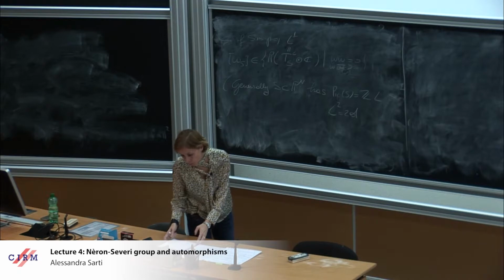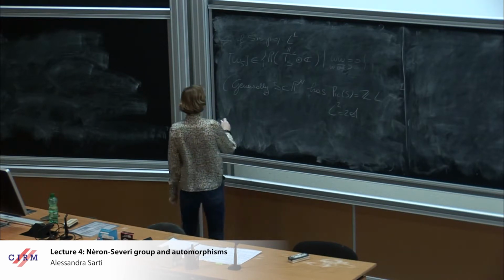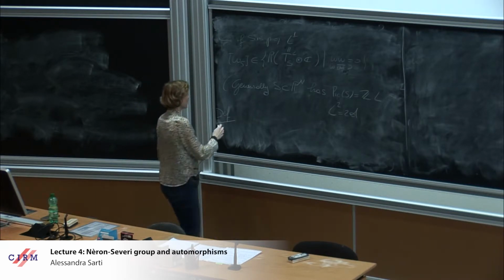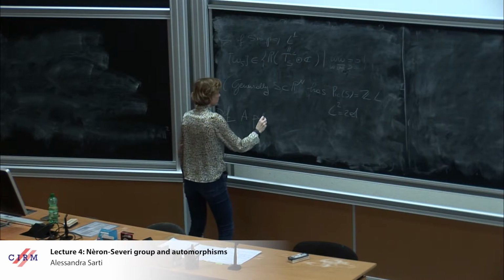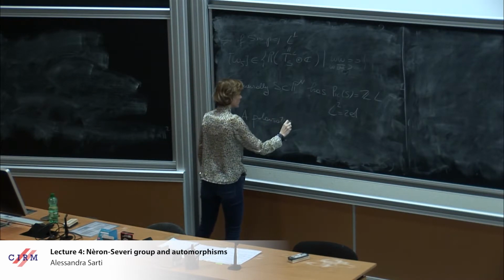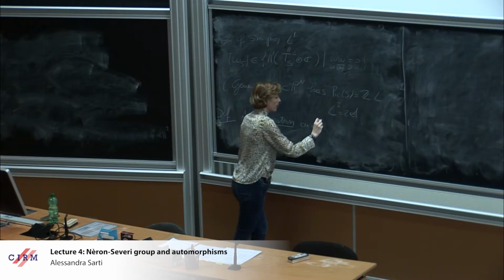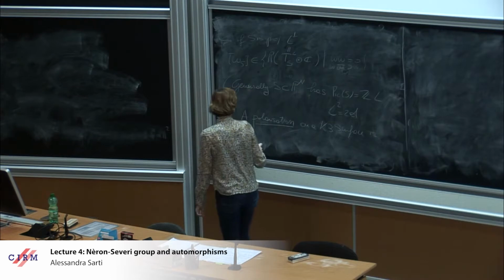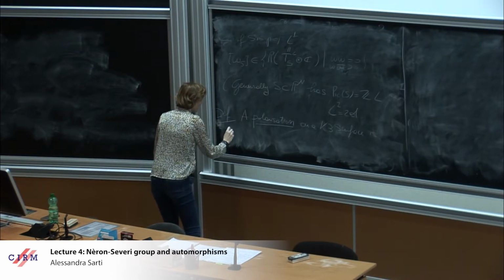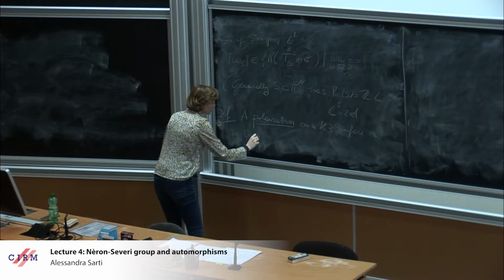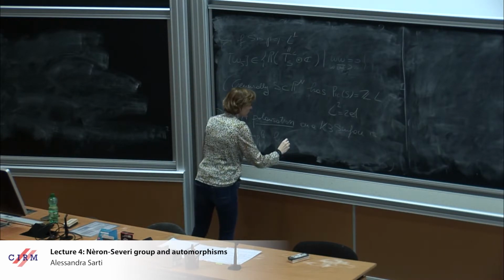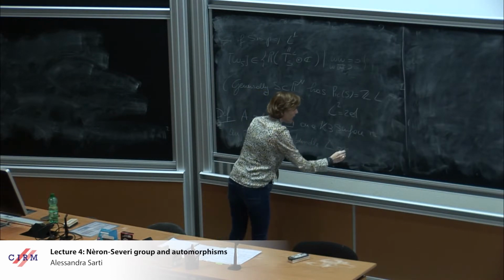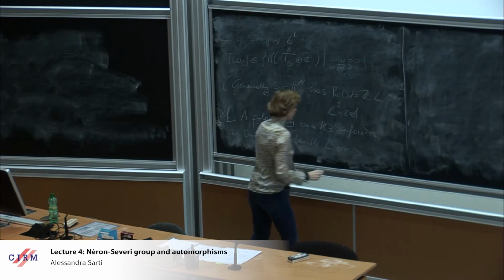And recall, for these projective models, the notion of polarization. Since I was talking about this moduli space, a polarization on a K3 surface is an ample line bundle L on S, like here.